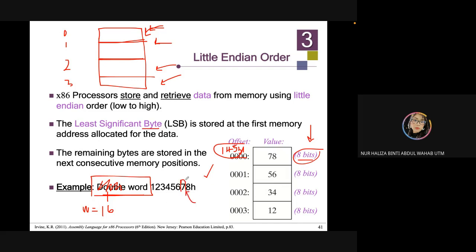Two of these will be 1 byte. This will be another 1 byte. This is another 1 byte. This is another 1 byte. So all together 1, 2, 3, 4. You need to have 4 byte if you were given with this number.